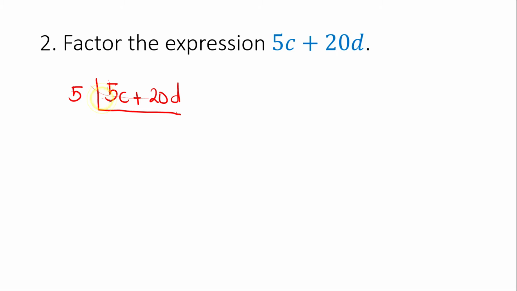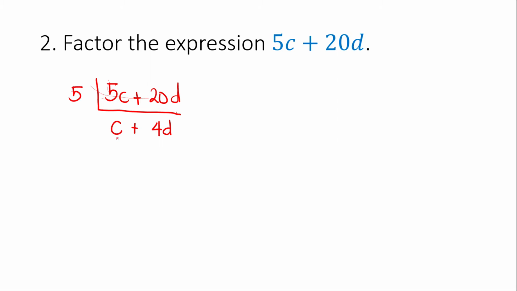So, 5c divided by 5, c na lang. Then, 20d divided by 5 is 4d. The numerical coefficients are 4 and 1, so wala nang common factor except for 1. Stop na tayo sa numerical coefficients. Focus sa variables. Variables are c and d.